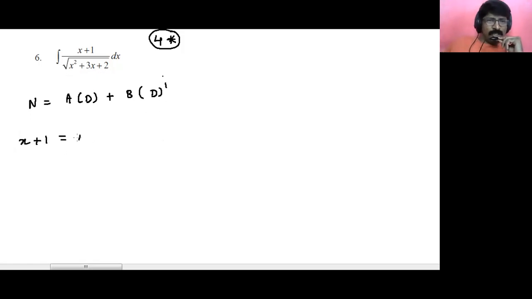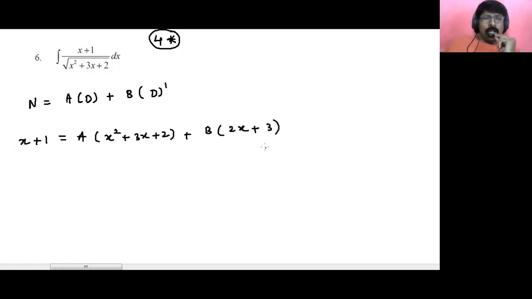So a into what will it be here, x square plus 3x plus 2, and b into the derivative of the denominator, which will become 2x plus 3. Now, some other way we'll have to figure out what the coefficient of x and the coefficient of b are. What is this a and what is b? If you could fix that, the numerator will be able to be written very simply, and then we're going to get the answers. Okay, let's see how to do that. One moment, guys.